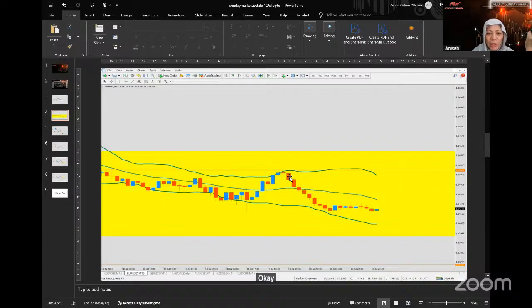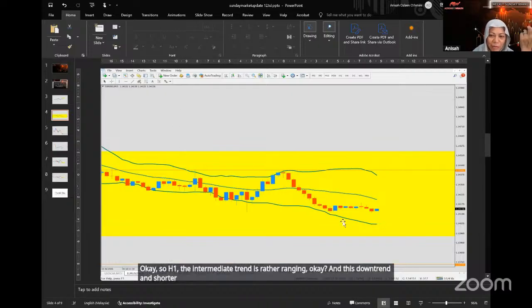On H1, the intermediate trend is rather ranging, and the shorter time frame, M15, is downtrend.